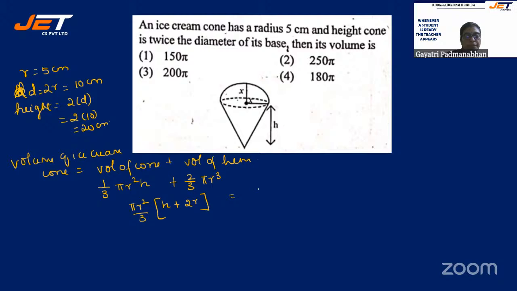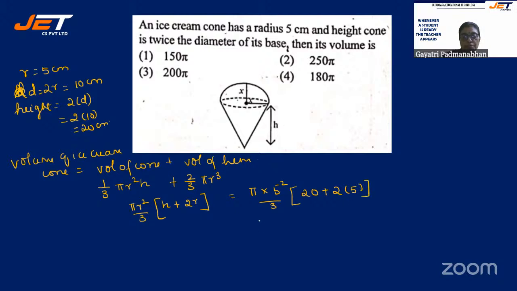Clear? So pi into, what is r? 5 square. So 5 square by 3 into what is h? 20 plus what is 2r? 2 into 5.